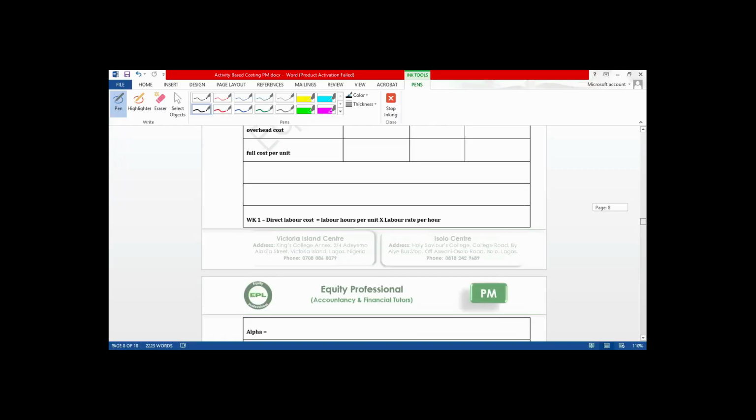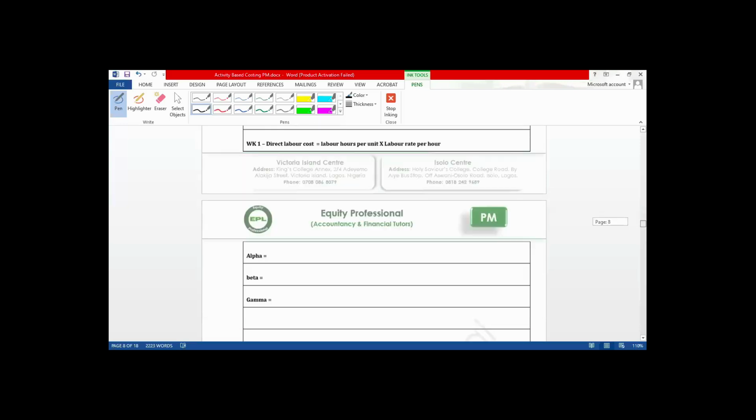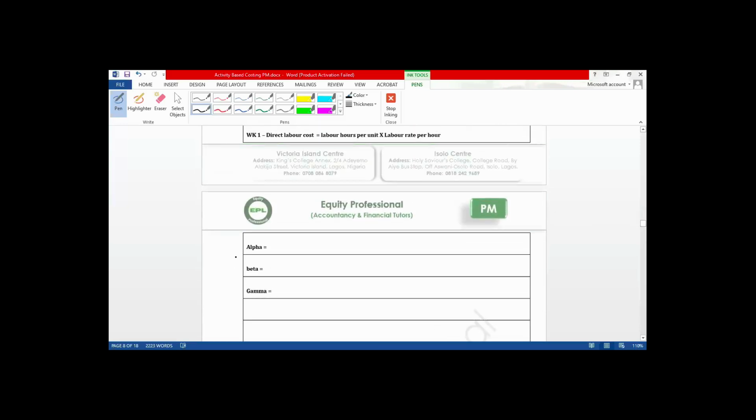We go to working one. Direct labor cost is equal to labor hours per unit multiplied by labor rate per hour. Labor hours per unit for product Alpha, 10 labor hours. For product Beta, 8 labor hours.